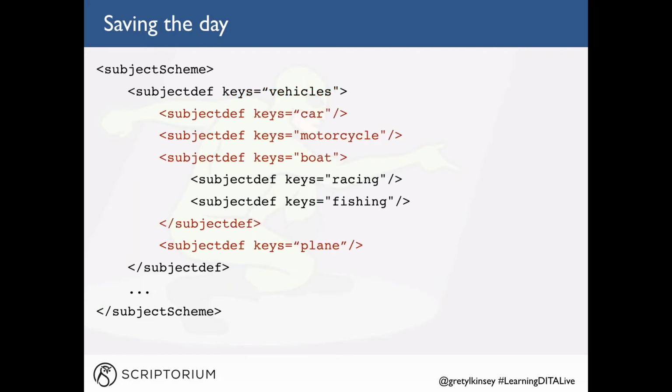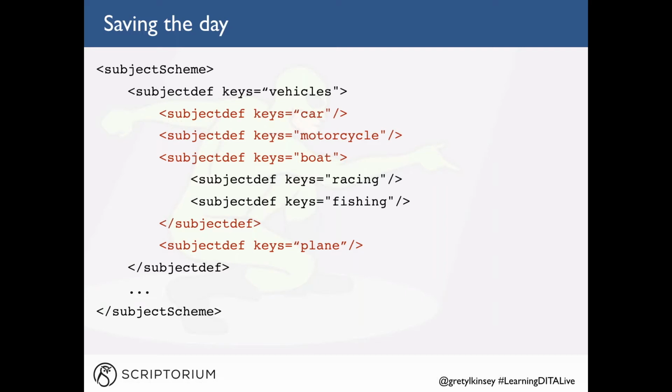And right away, we notice one thing, which is that vehicles is not just a value, it's the first level in a hierarchy of values. So within that subject def element for vehicles, we have these other 4 subject def elements as well. And those are nested in there, and they are each defined with a different type of vehicle.